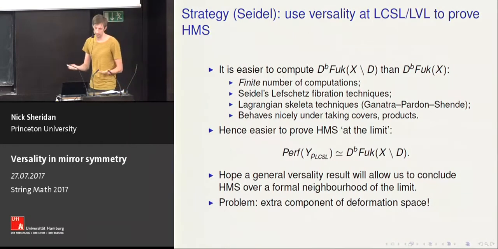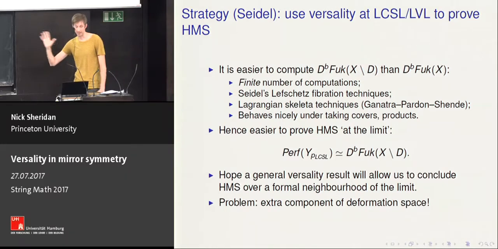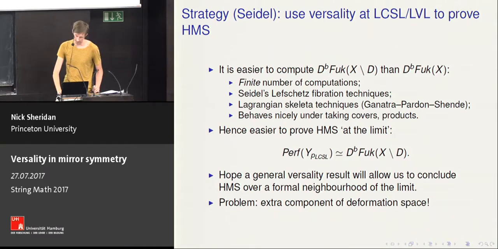And the other nice thing is that this category behaves nicely under taking covers and products, even when, if you put the divisor back in and compactify, these covers might no longer be unbranched, and so on. So there are a bunch of things that make it easier to compute this guy.